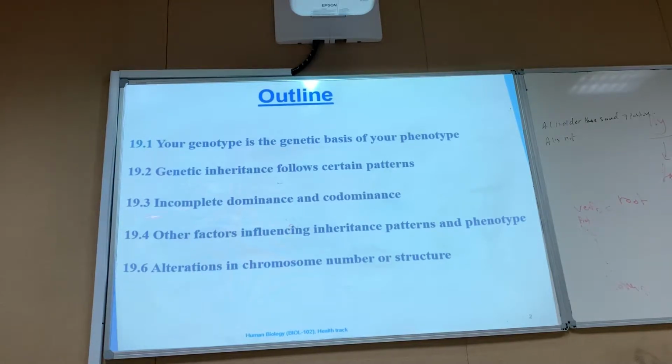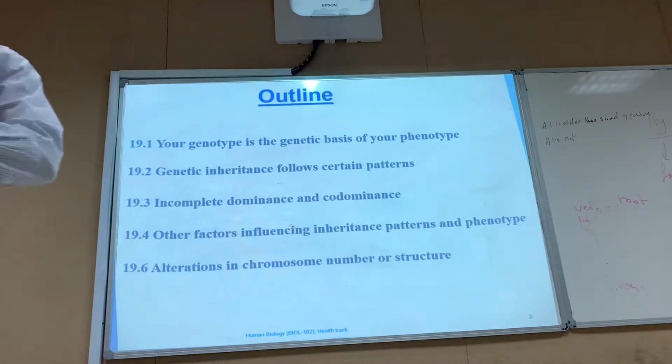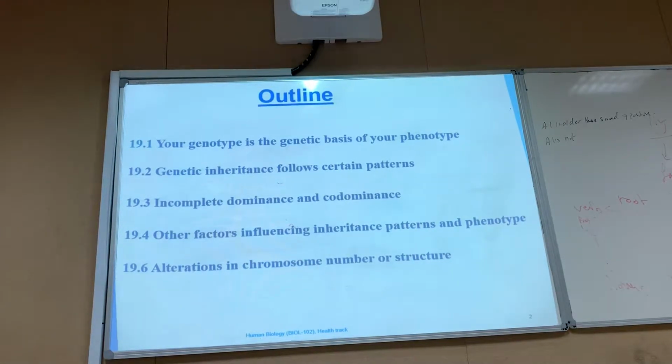Then we have other types of inheritance, which Mendel didn't establish; these are modern ones. Incomplete dominance, for example, skin color, is controlled by many genes, so what we call polygenic traits.